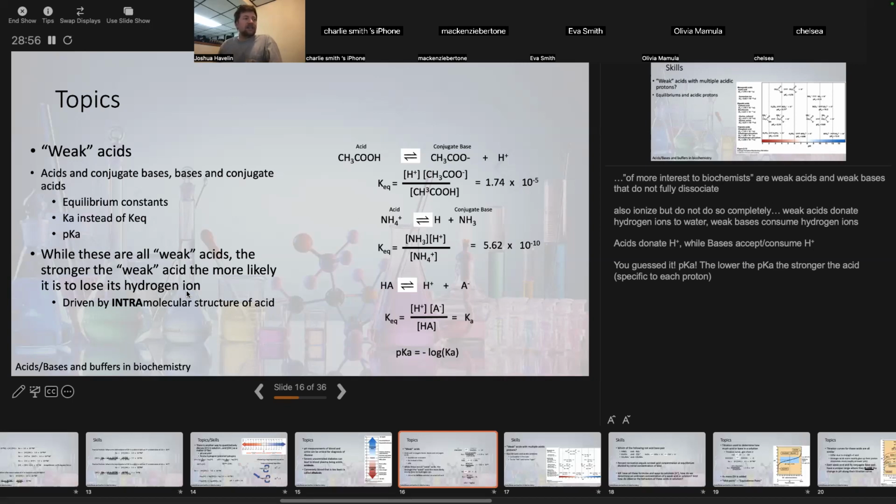And how likely that weak acid is to give up its hydrogen and be content as an ion in solution, like the acetate ion, is all driven by the intramolecular structure of the acids. So the more stable a conjugate base is, typically the stronger it is as a weak acid. Okay, any questions so far?